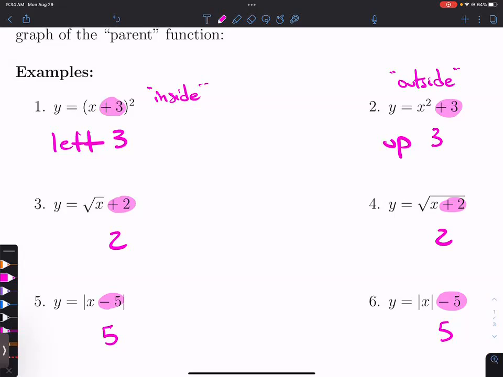Inside means inside the action of whatever that function does. So it could be inside a square like it is here, inside an absolute value like here, inside a square root. Okay, so the one that's outside is going to move everything up. The one that's inside is going to move everything to the left because it was +2.